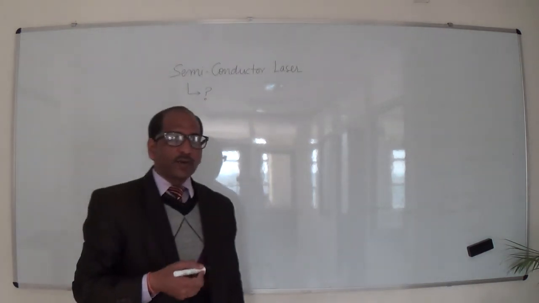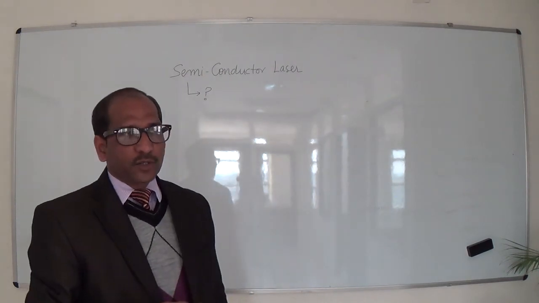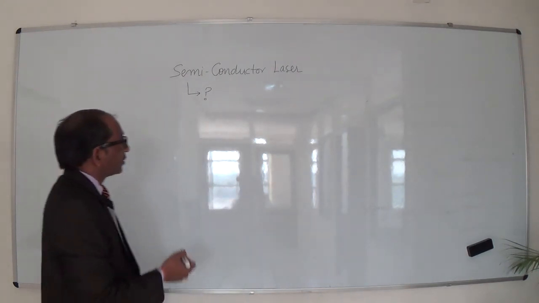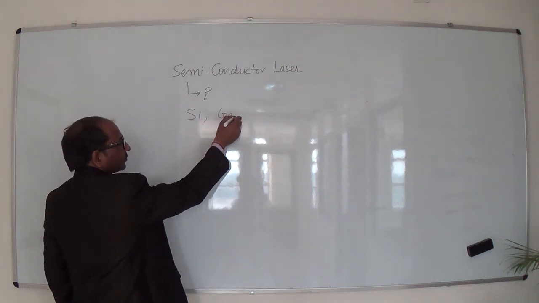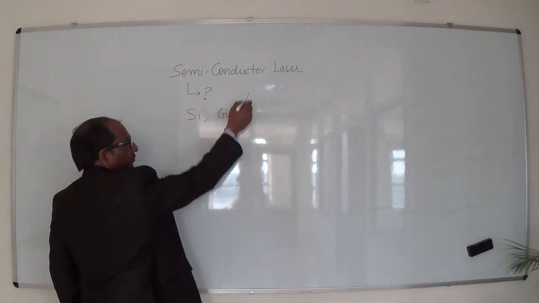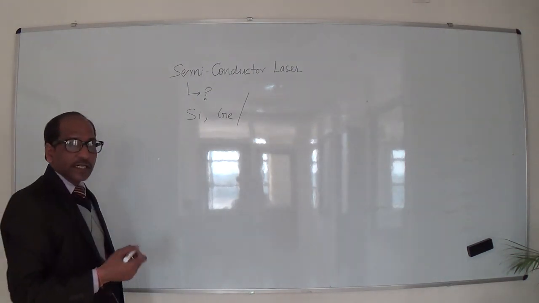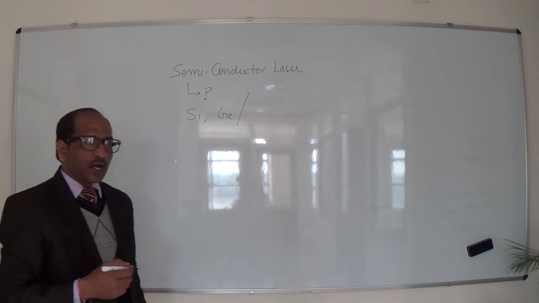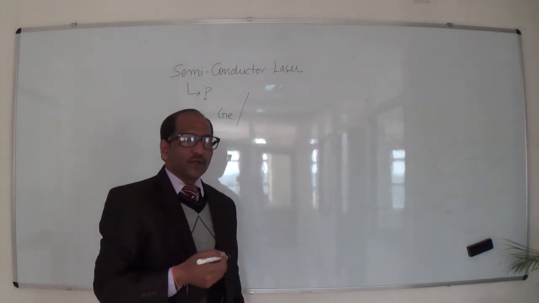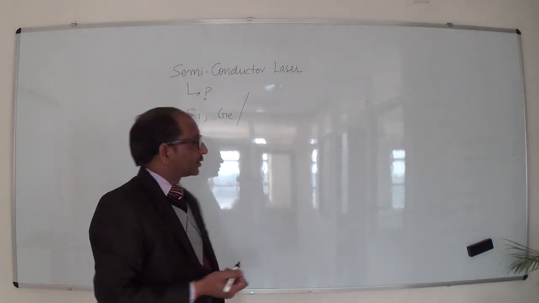So what type of semiconductor material are we using? The same silicon or germanium, or is it different? Yes, that is different. For the semiconductor laser, we require such material which shows optical properties.